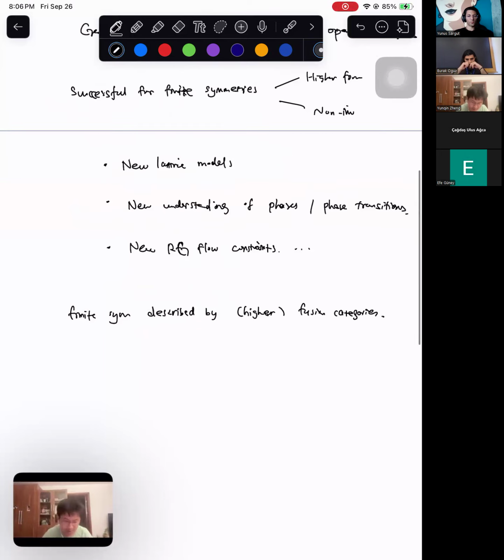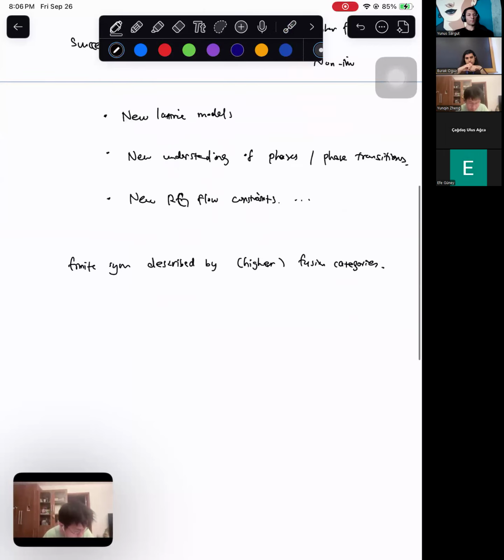Because in the math community, fusion categories or higher fusion categories have been studied for quite a while, the physicists can borrow their results to understand the finite symmetries.